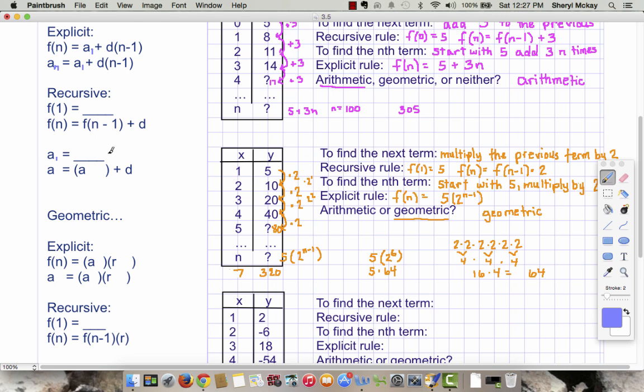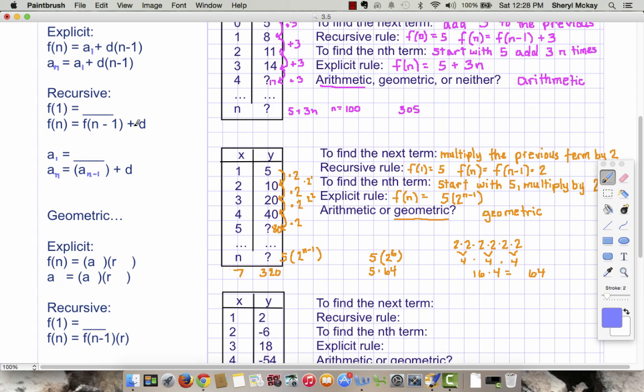It might tell you what a sub 3 is. It might tell you what a sub 0 is, but it's always going to tell you at least what one of the terms is. Often it's the first term. And then you would see a sub n equals a sub n minus 1, which just means the previous term, okay, plus d.